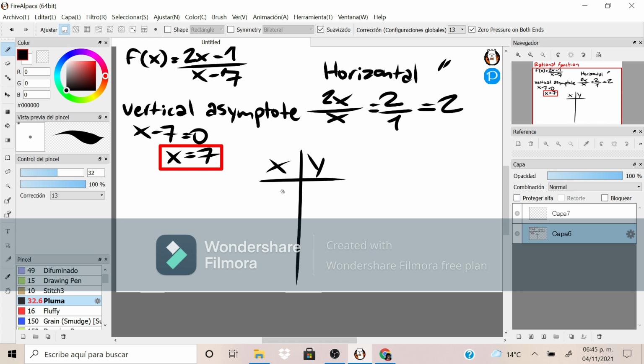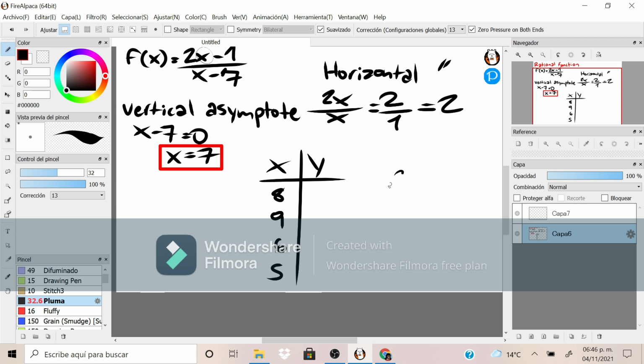Let's put 8, 9, 6, and 5. Now, in order to get them, all you gotta do is use the equation, but replace x with the number.